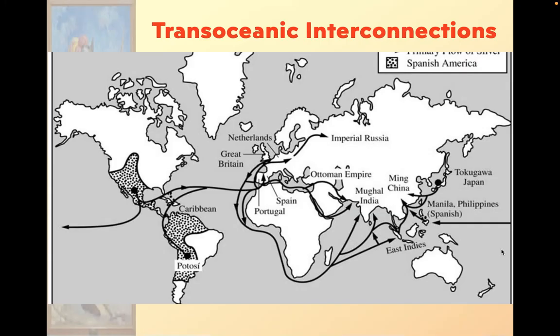This created the transoceanic interconnections, the networks of exchange that existed not only between Europe, Africa, India, Southeast Asia, and East Asia, but also Europe and the New World. These brought great wealth and were caused by technologies.